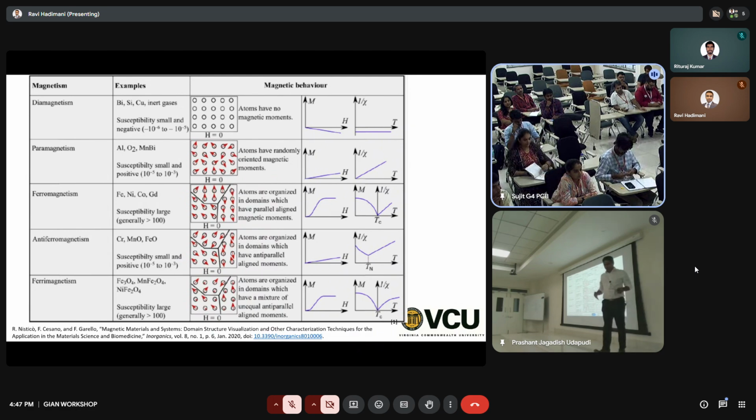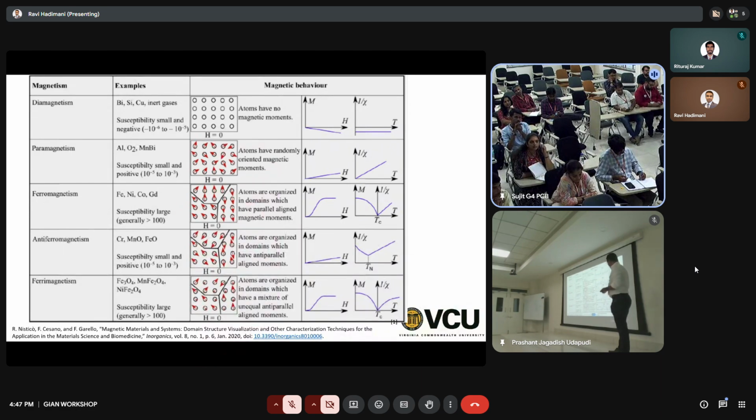If you want to know whether it's a paramagnet or a ferromagnet, you just do a magnetization measurement by applying a magnetic field and measuring magnetization, and if it starts to saturate, that means it's a ferromagnet. But if it's not saturating, then it's a paramagnet. Then there is antiferromagnet, which is another class of materials, and that shows a response similar to paramagnet.